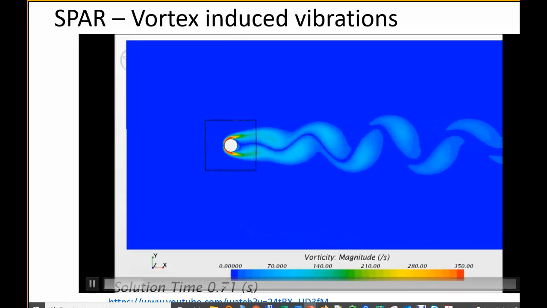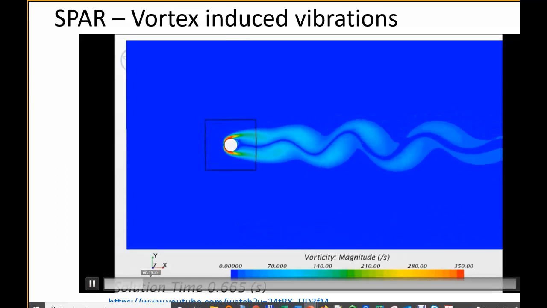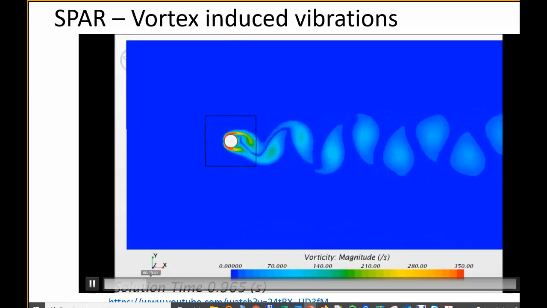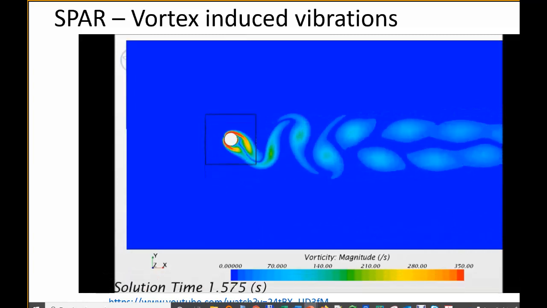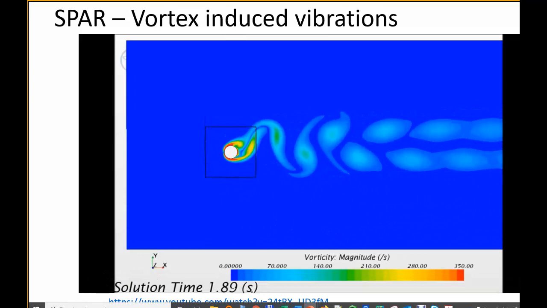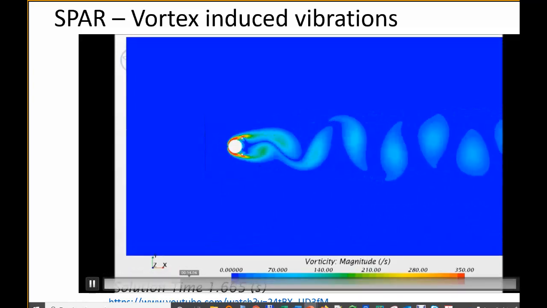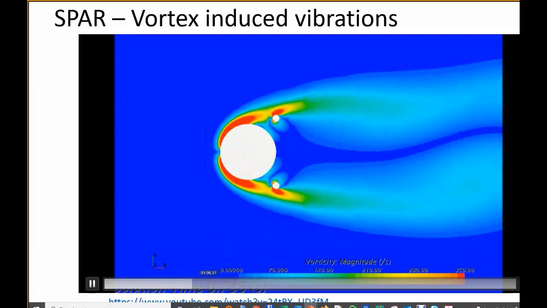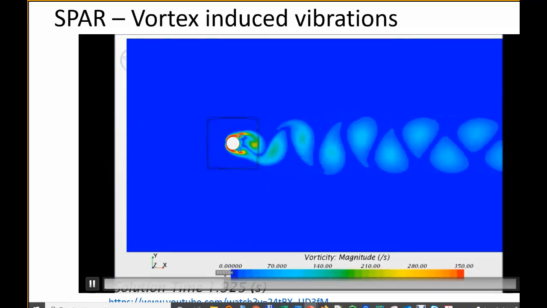Now, before they were keeping the cylinder fixed, and now they move the cylinder due to this force acting. Of course it depends on the mass of the cylinder, but you see the movement is quite violent. I think they have one more simulation here where the cylinder has less mass.